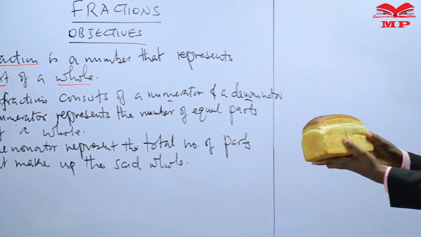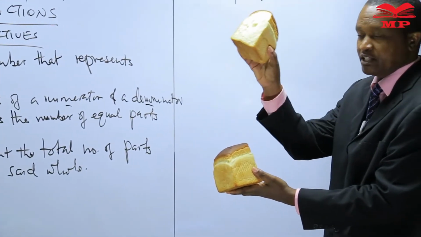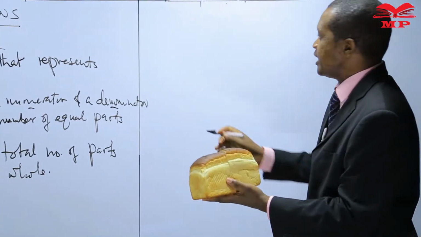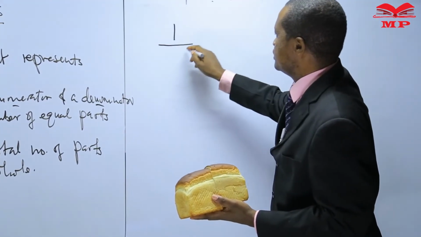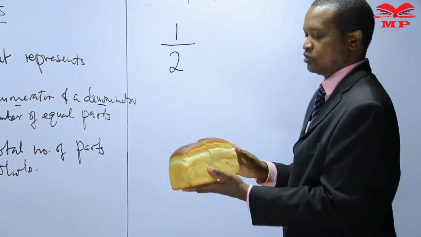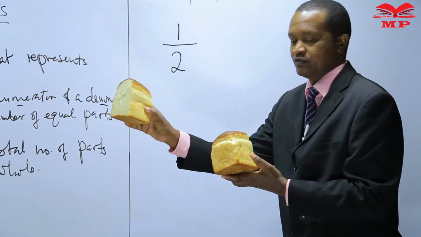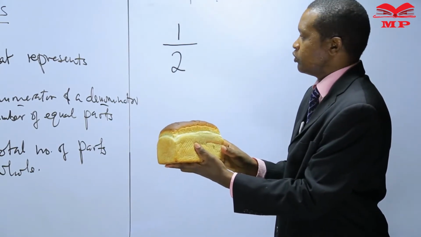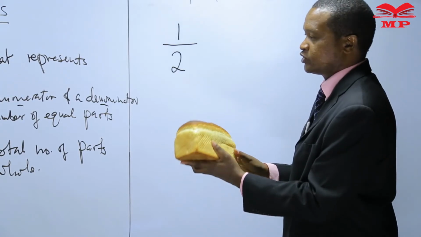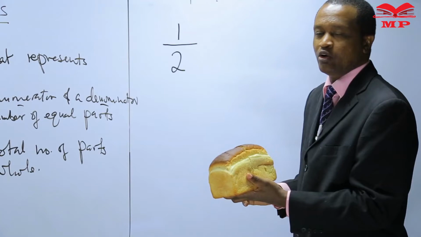There are 2 parts. This part here is a half, 1/2. This is a half of the loaf. When you put them together, we get one whole.